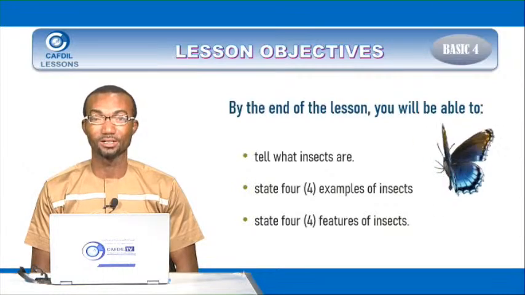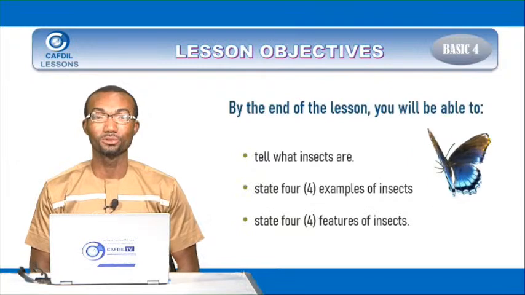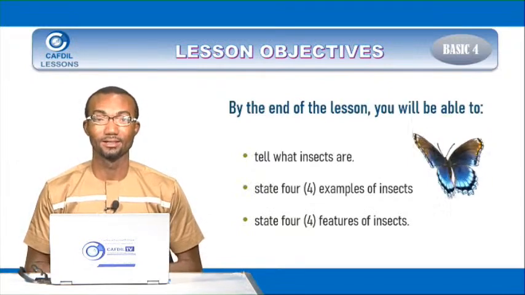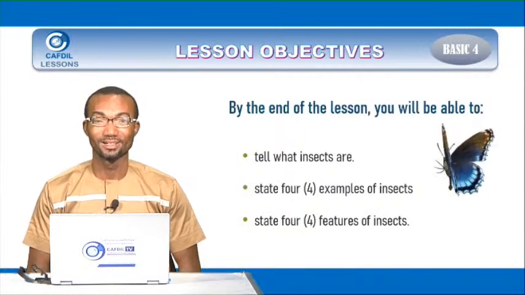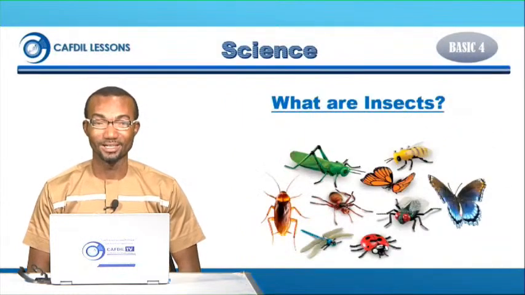State 4 features of insects. So by the end of this lesson, you'll be able to tell what insects are, state 4 examples of insects, and then state 4 features of insects. Now let's begin with the lesson.